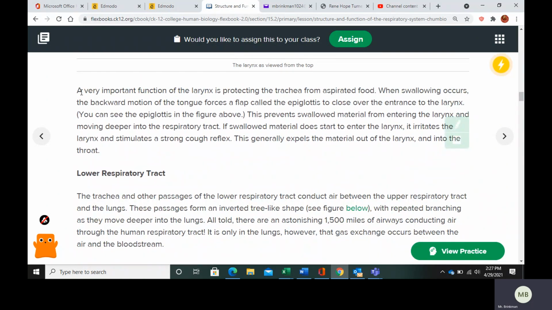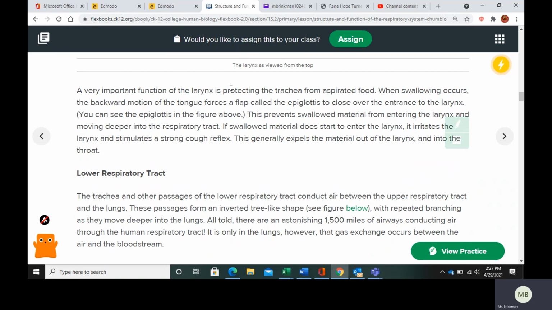So here's where I mentioned protecting the respiratory system from food. A very important function of the larynx is protecting the trachea from getting food in it.